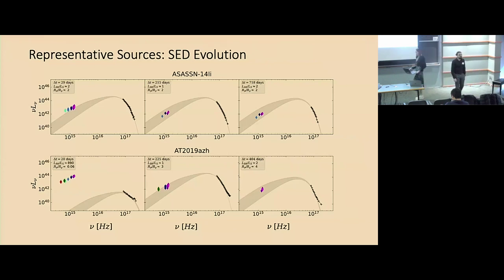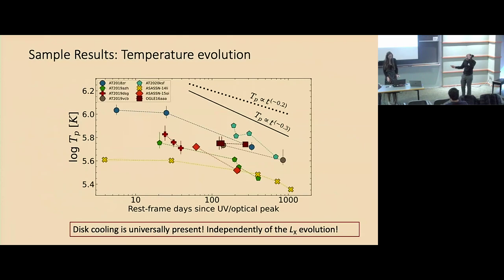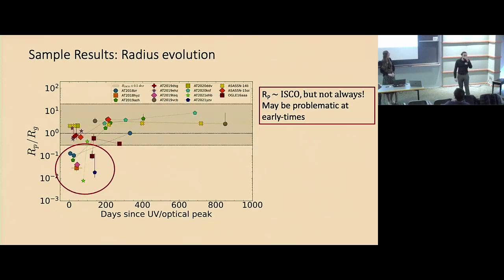Okay, thanks. Yeah, so going back to that plot where you've got the radius is too small. Yeah, next one. Yeah. So the implication here is that you have to assume that your X-ray model is a thermal disk and nothing else, so there's no Comptonization, which is causing you to get a false, too high temperature, right? Yeah.